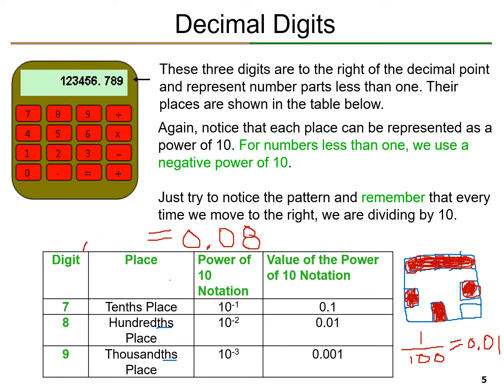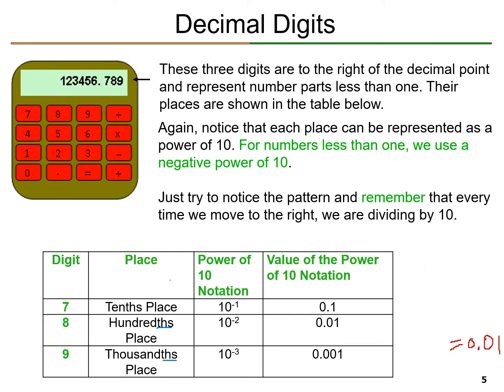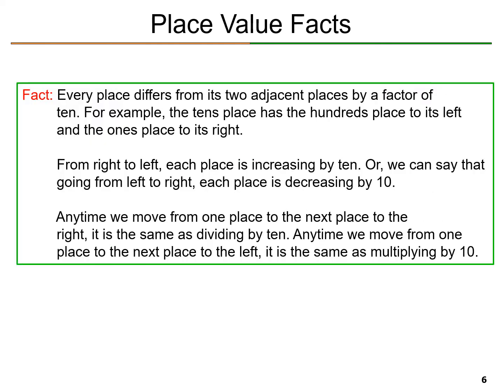So let me go ahead and erase all of this. Okay, place value facts. Every place differs from its 2 adjacent places by a factor of 10. For example, the tens place has the hundreds place to its left and the ones place to its right.